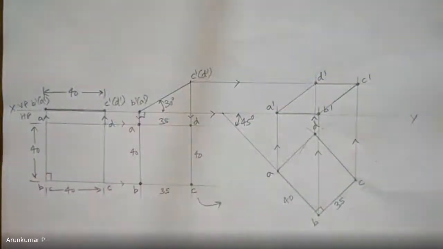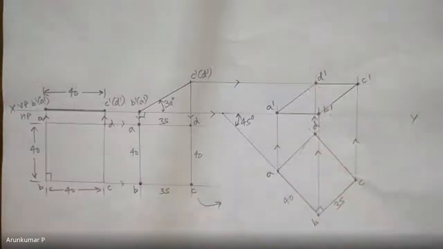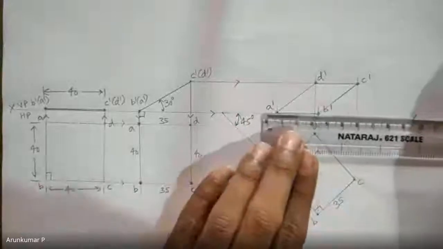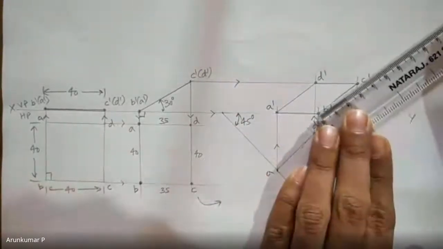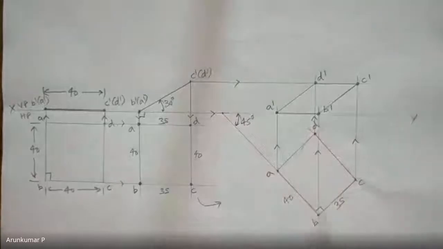So what are you getting? Is it a square? Is it a rectangle? It is like a quadrilateral. And if you want to measure, please measure and see. Is any edge 40 mm? No. None of the edges are 40.